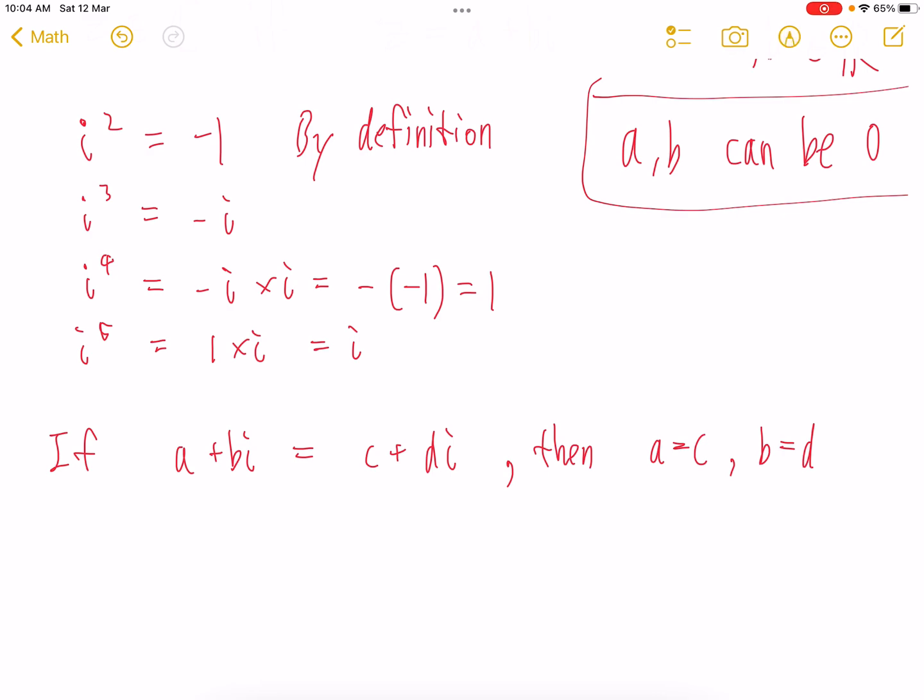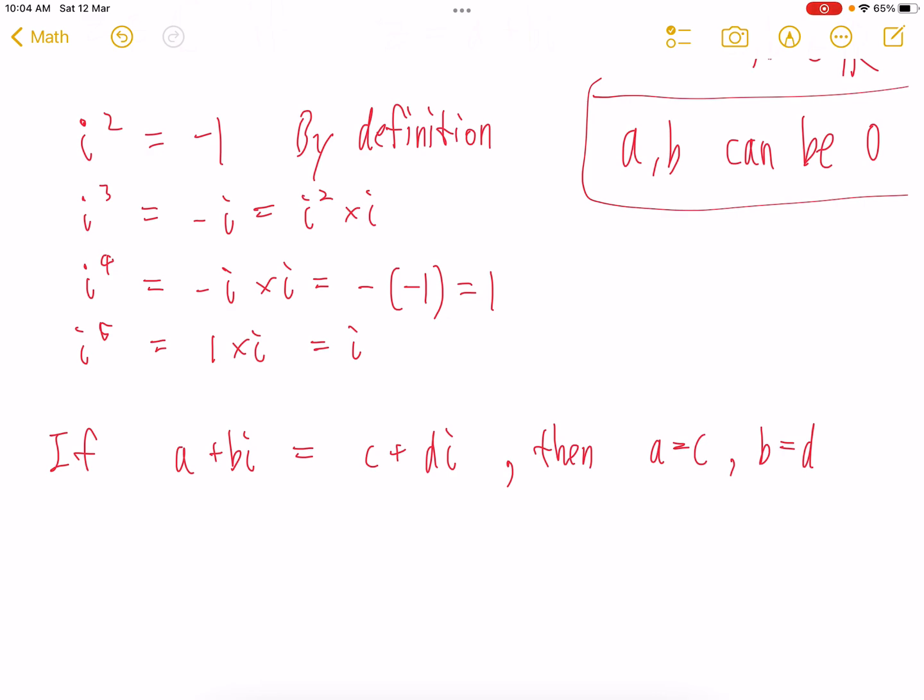And it follows the basic rules of algebra. Say, i cubed is just i squared times i. That is i squared times i. Because i squared is -1, -1 times i is -i.